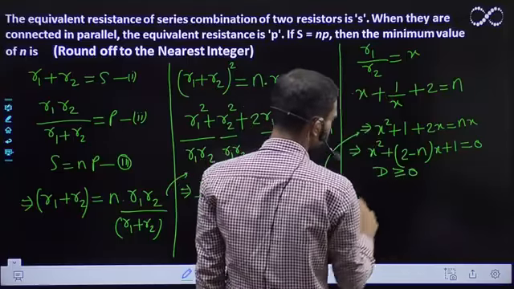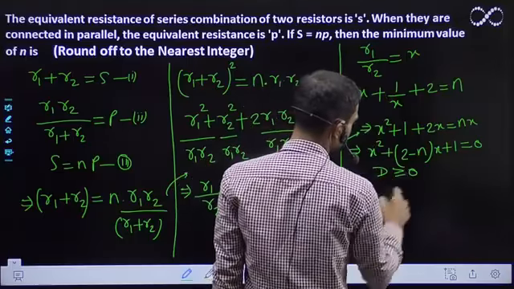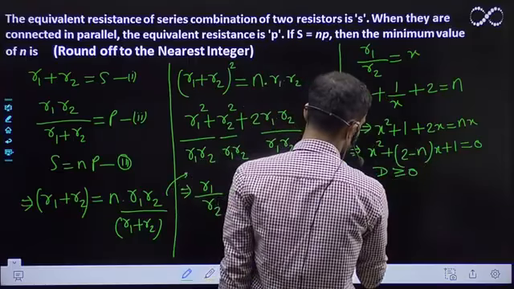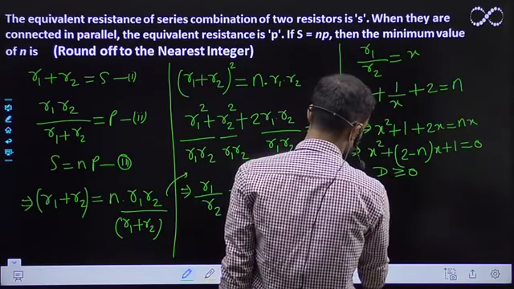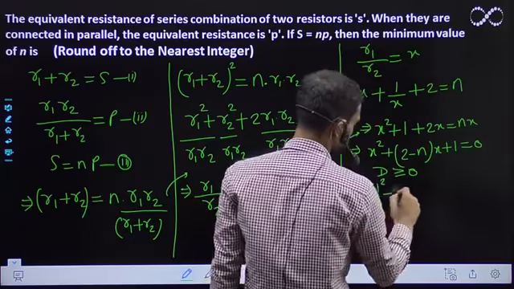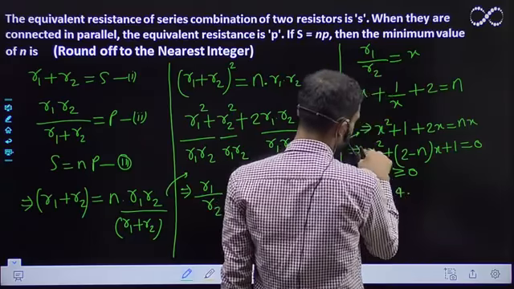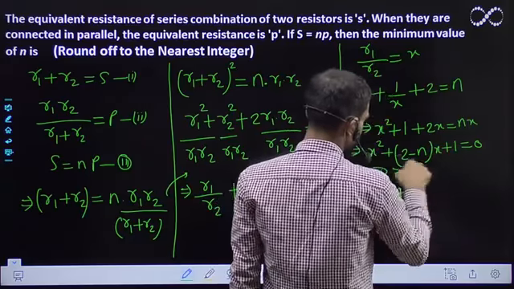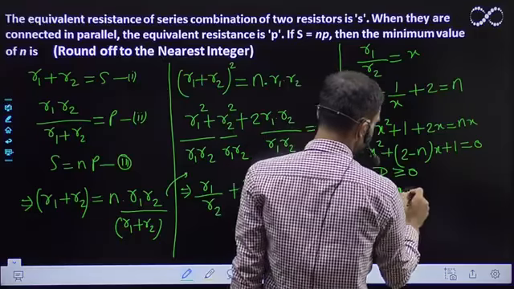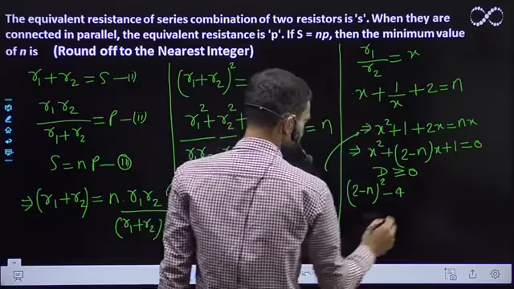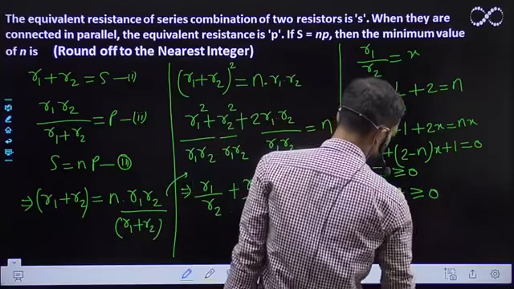Now if you will see here, what is the value of D? B square minus 4AC. So B is this, so (2 minus N) square minus 4. A is 1 here and C is also 1. So this will become D, and this should be greater than equal to 0.